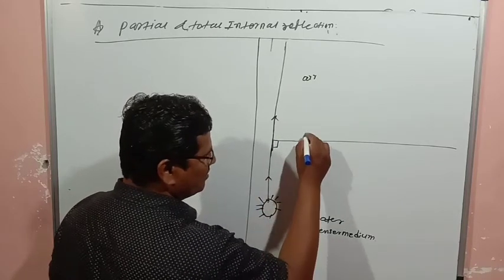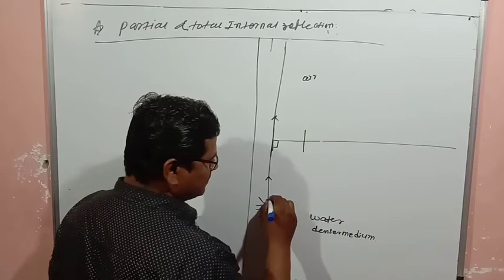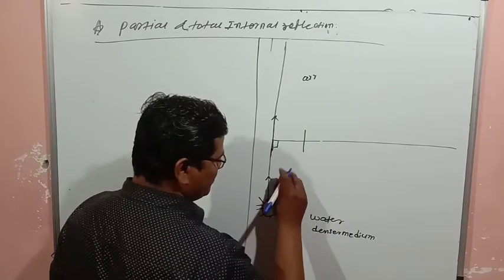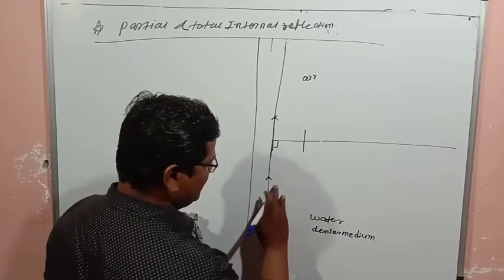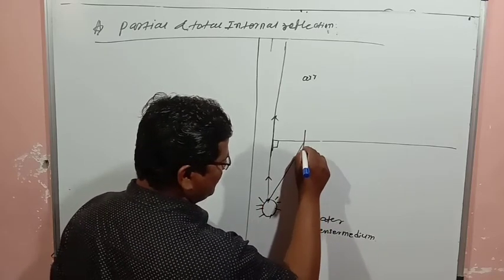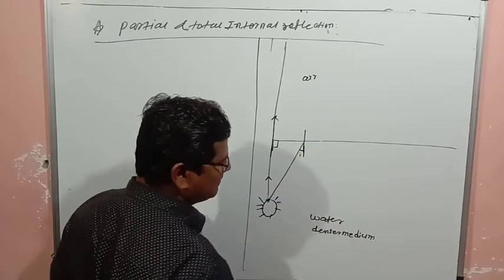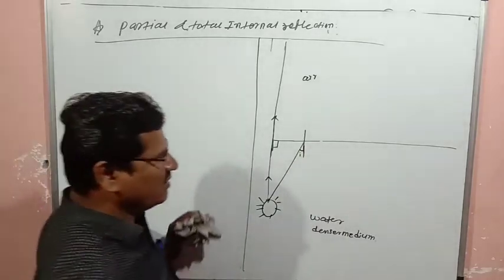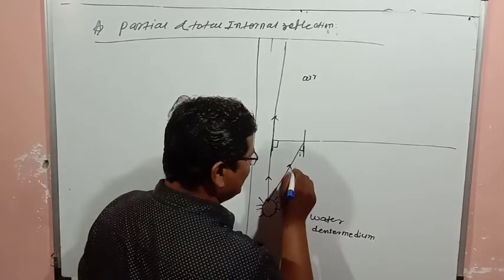But another case you will take, when light enters from denser medium to rarer medium, then what is happening here? Suppose you take one normal, then light will travel like this way, then here will be angle of incidence. This one is the incident light ray.